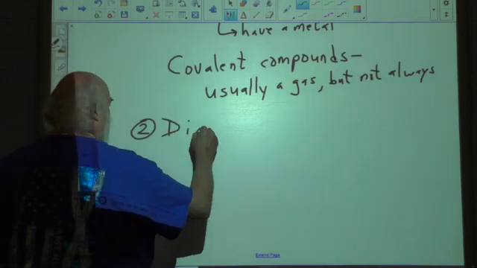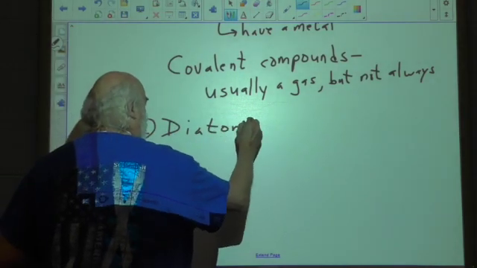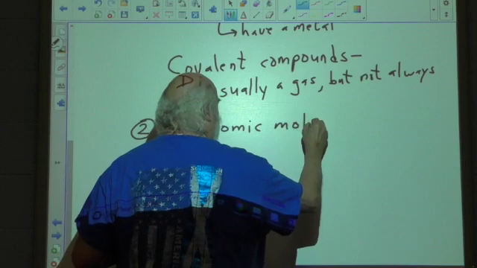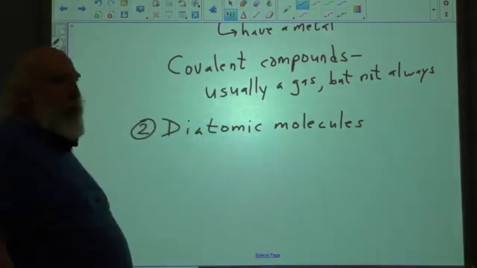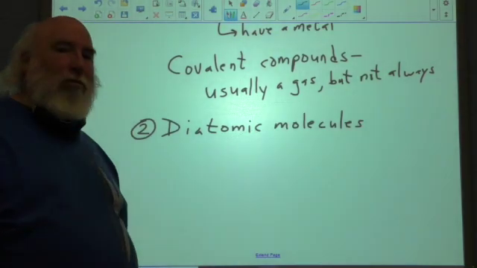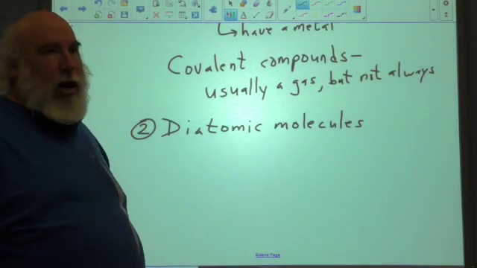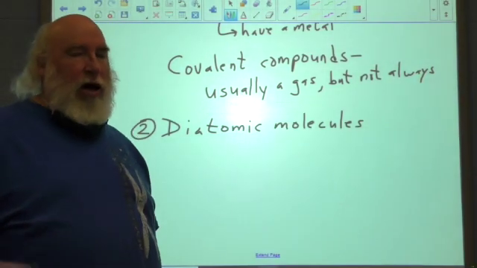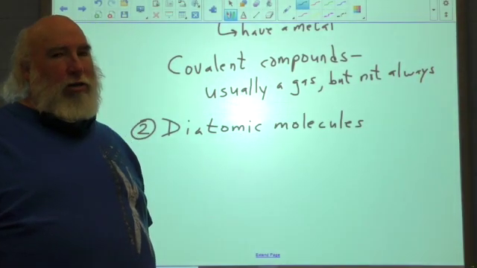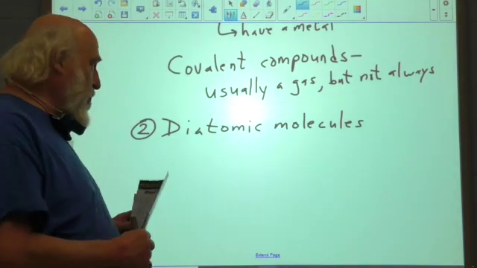Diatomics. Diatomic molecules. Diatomic molecule means that there are 2 atoms per molecule. Now usually it means you have 2 of the same atom. Doesn't always. Like carbon monoxide is considered a diatomic molecule.